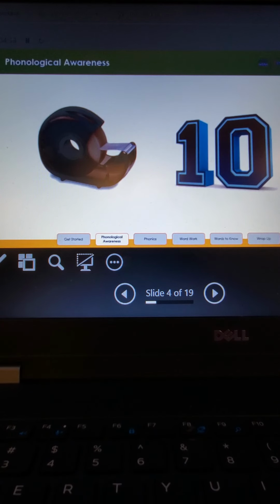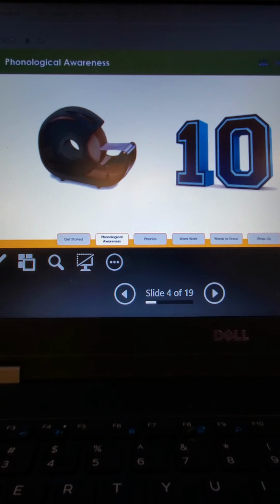Here it is. Listen to the next word. T-en. What word? Ten. That's right. Which picture shows ten? It's the picture on the right. Listen to these words, tape and ten.